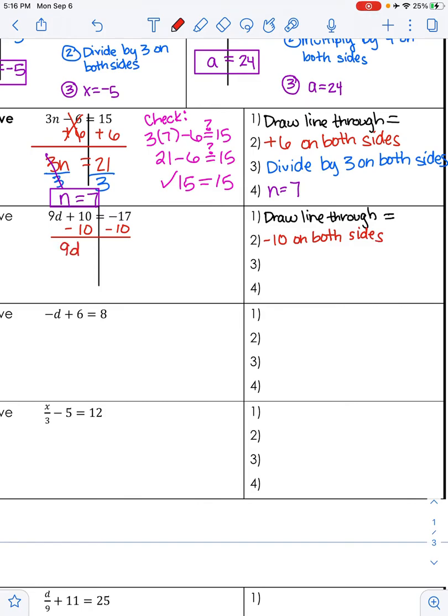So when I do that, I get 9d. 10 minus 10 zeroes out. And negative 17 minus 10 is a negative 27. From here, I want to divide by my coefficient. So I'm going to divide both sides by 9.